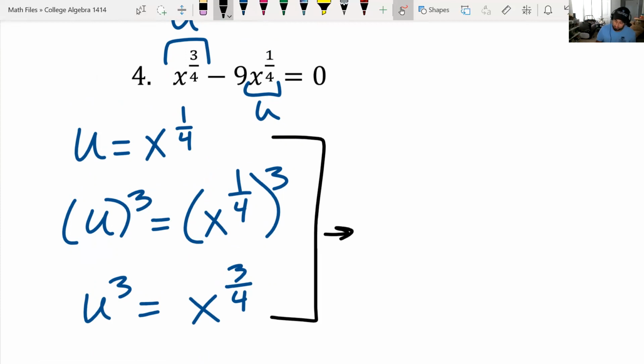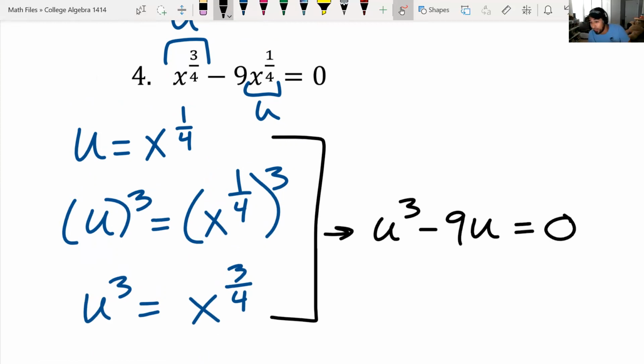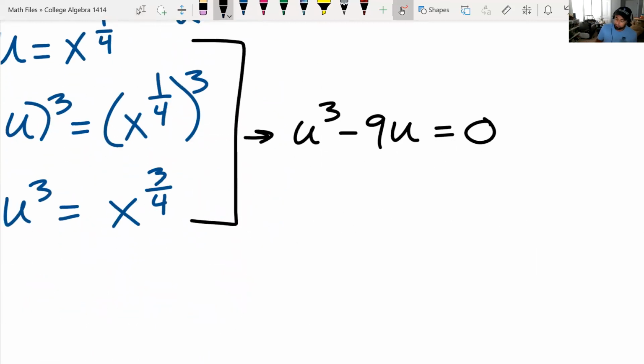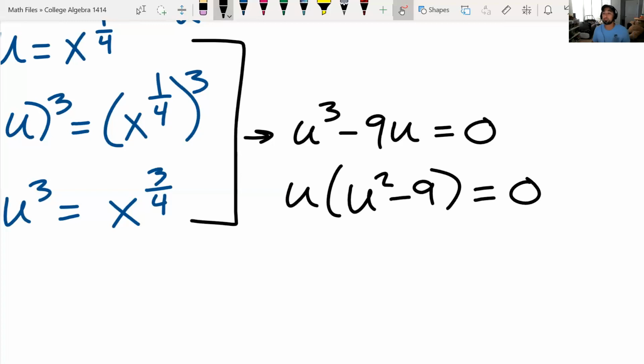So you're going to get u cubed minus 9u equal to 0. Hey, that looks a lot easier now, right? So factor out the u, and you'll have u squared minus 9 equal to 0. And what you notice about u squared minus 9 is that it is a difference of squares.